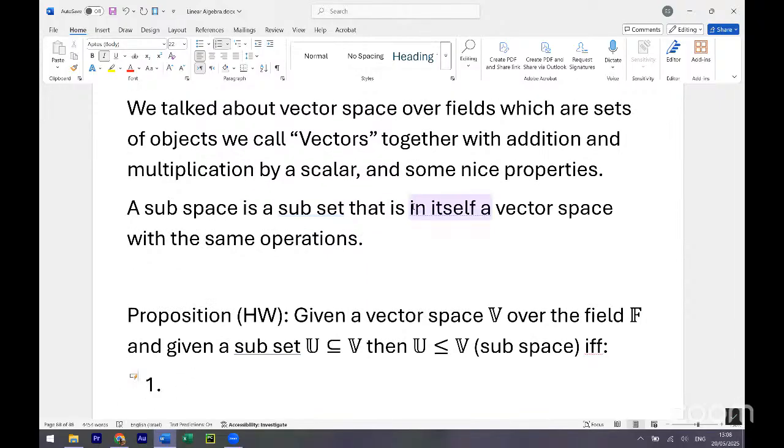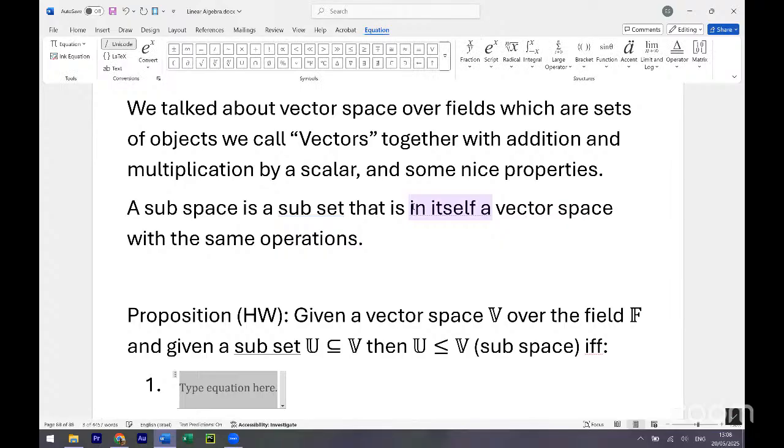First, the zero vector of V is contained within U.